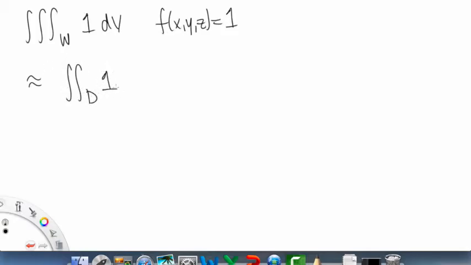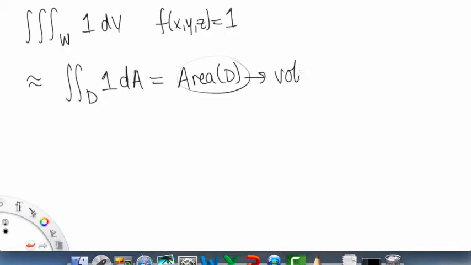When we had the double integral over D of 1 dA, this was equal numerically to the area of the domain, right? And we said this is still technically a measure of the volume, but numerically, let's say the area of your domain was 4, then your volume would be 4, okay?